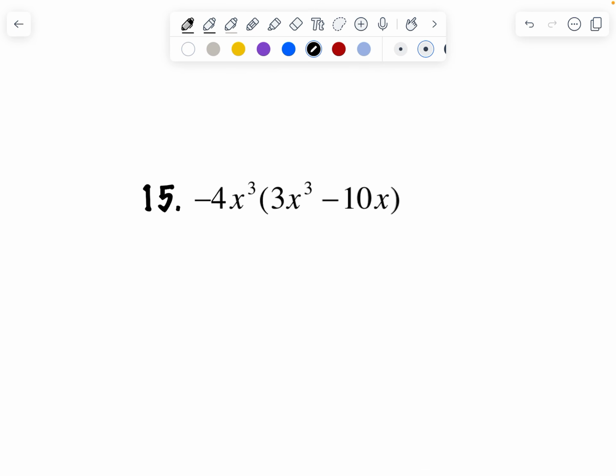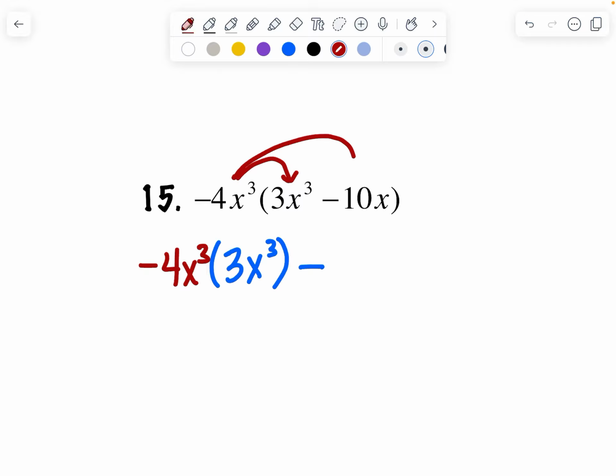So for number 15, we're going to be distributing a negative 4x cubed. So we're first going to distribute it to the 3x cubed, and then we're distributing over subtraction. So now I'm going to distribute to the minus 10x. So that's going to be parentheses, negative 4x cubed, and then that is times 10x.